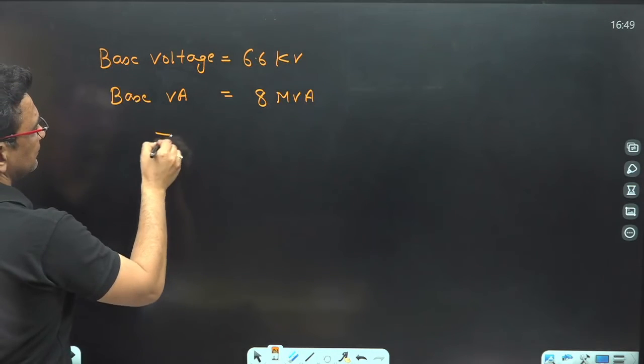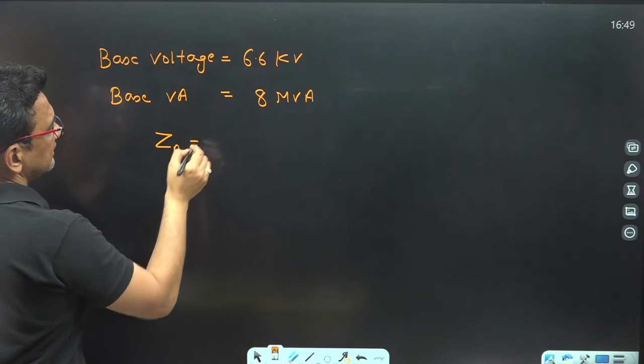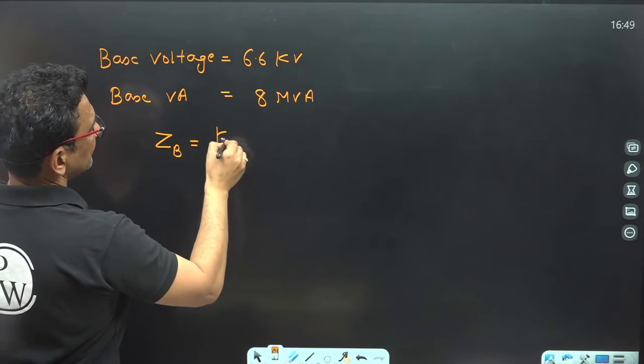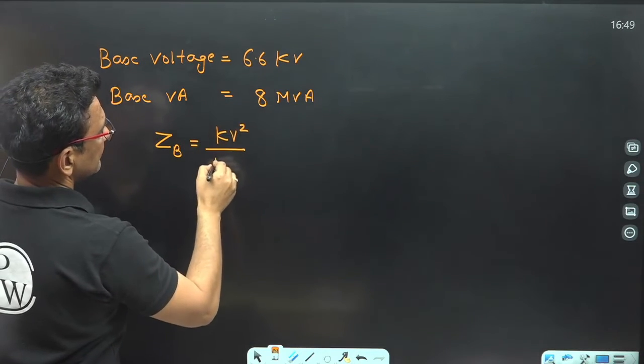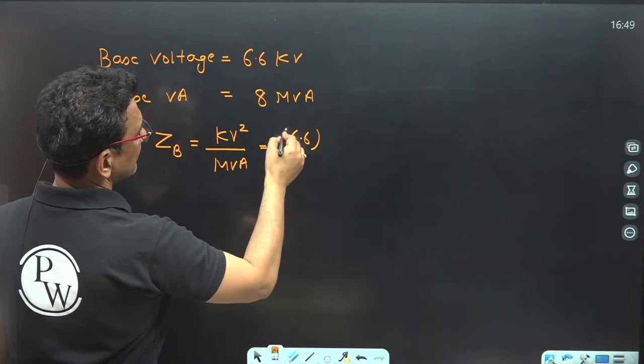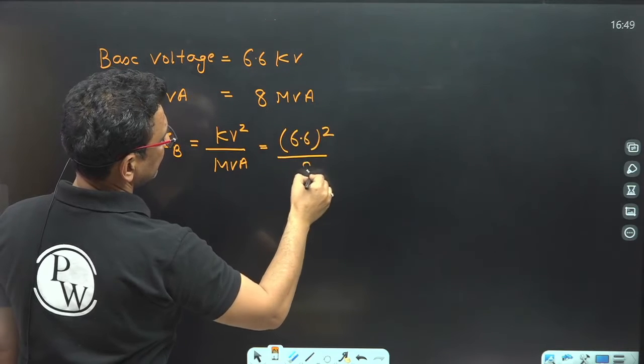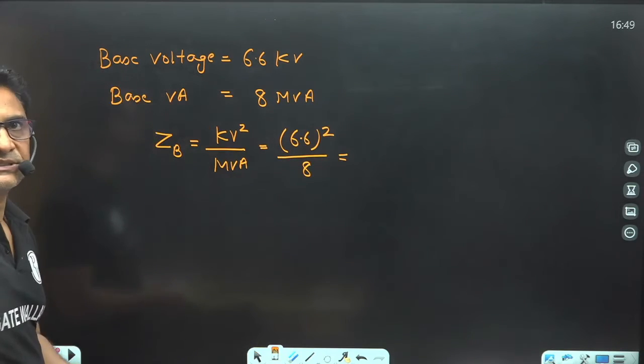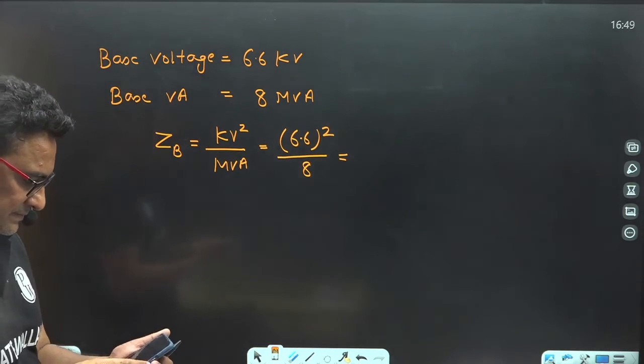From these two I can find the base impedance, kV square upon MVA. So it is 6.6 kV square divided by 8 MVA, 6.6 square divided by 8.